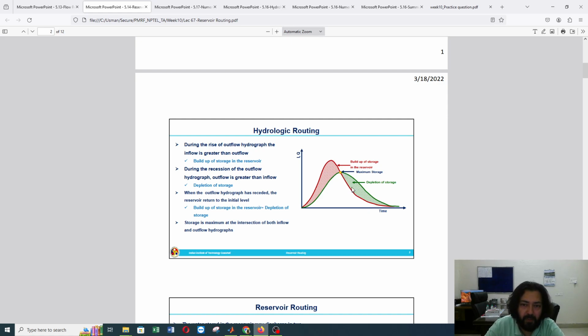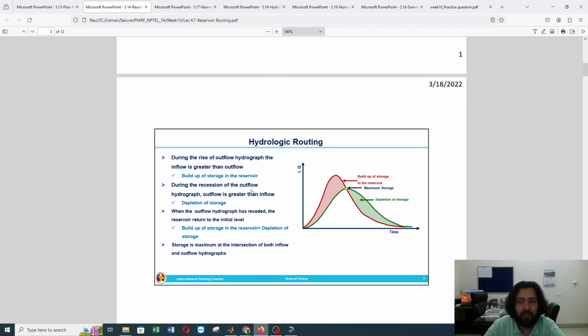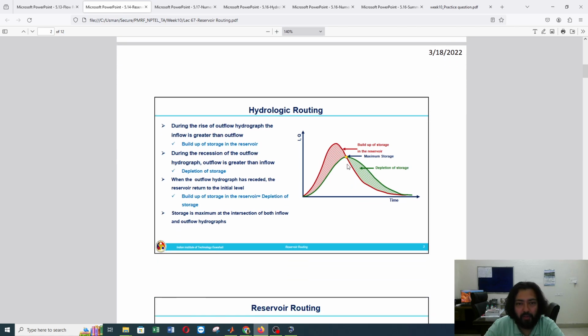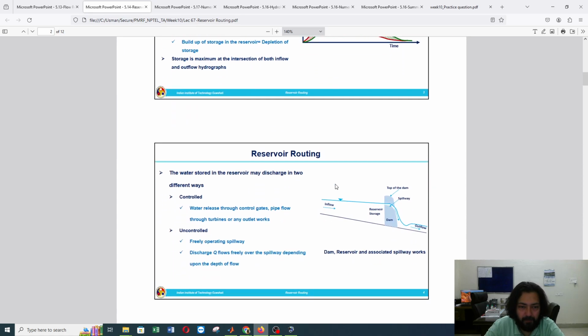So because of depletion of storage, the inflow hydrograph falling limb is lower than the outflow. The maximum storage will be at the point where both the curves intersect, shown here in yellow. So this is the reason for attenuation and lag: storage in the reservoir and also depletion of storage.